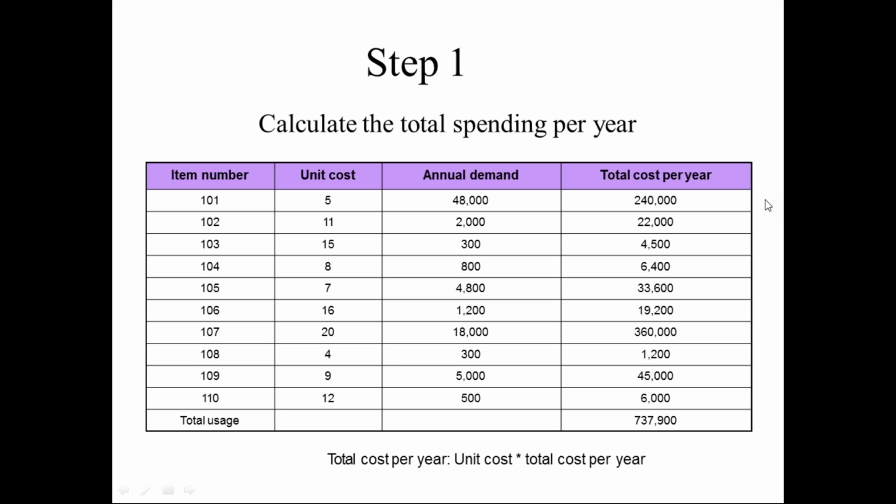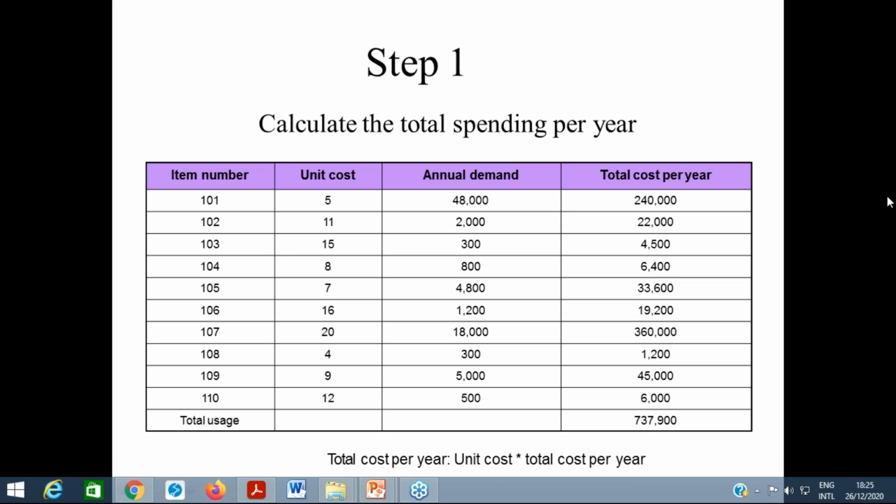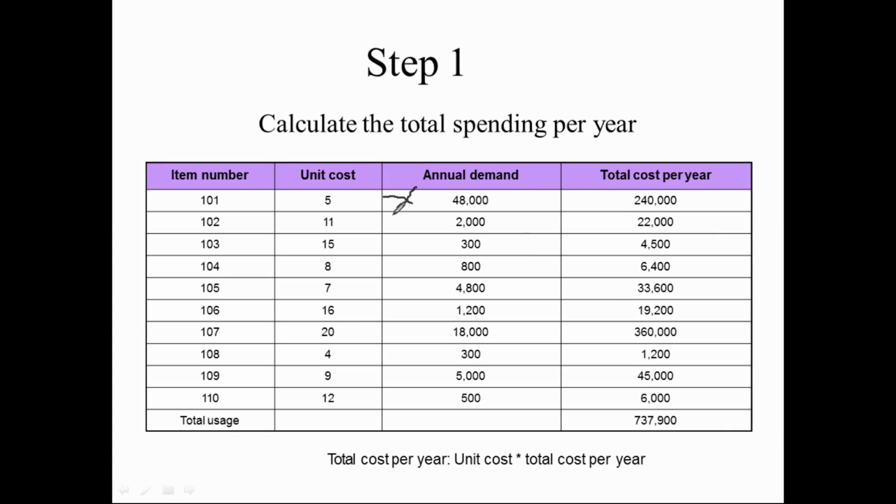So what to do? We need to calculate the total spending per year. We know the unit cost and the annual demand, so we calculate the total cost by multiplying 5 by 48,000, which gives us 2,40,000. Similarly, we multiply 11 by 2000 and it gives us this value.